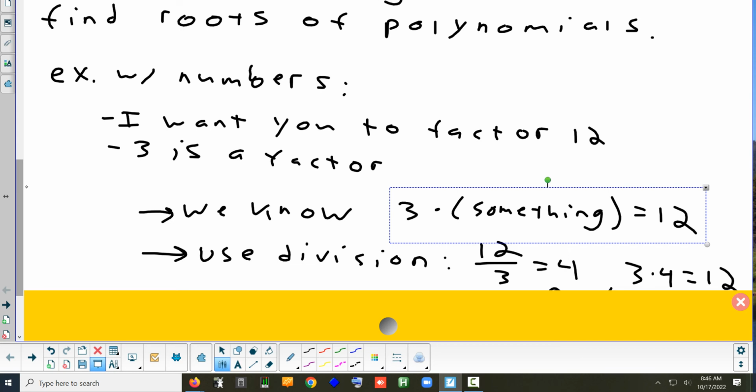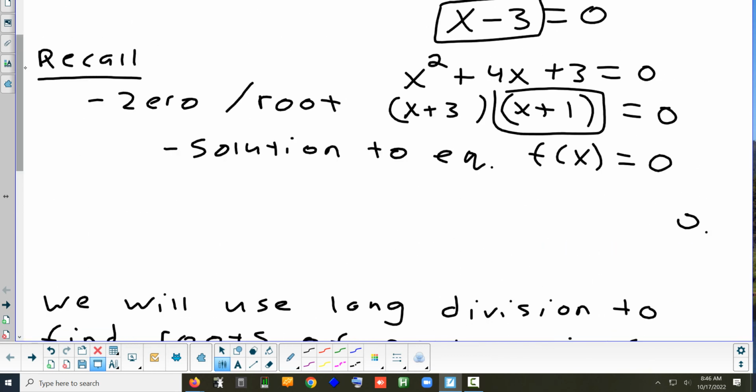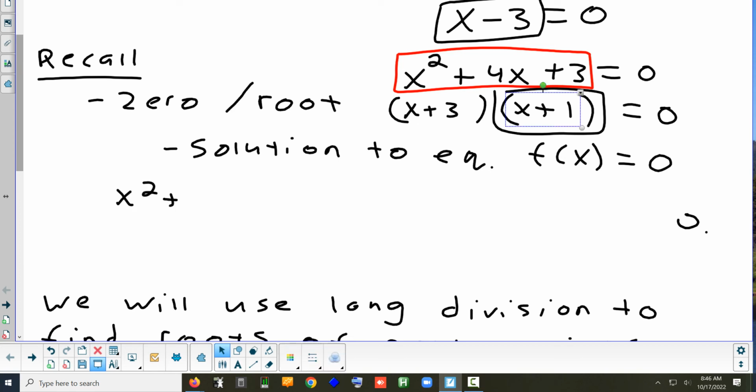So that tells you that 4 is the other factor. You could do exactly the same thing with this problem. If I said to you, I want you to factor x squared plus 4x plus 3, and you didn't know how to do it, and I gave you a hint, and I said, okay, x plus 3 is one of the factors you want to use. How could you find the other one? You could do the same thing. You could take x squared plus 4x plus 3, the thing you're trying to factor.